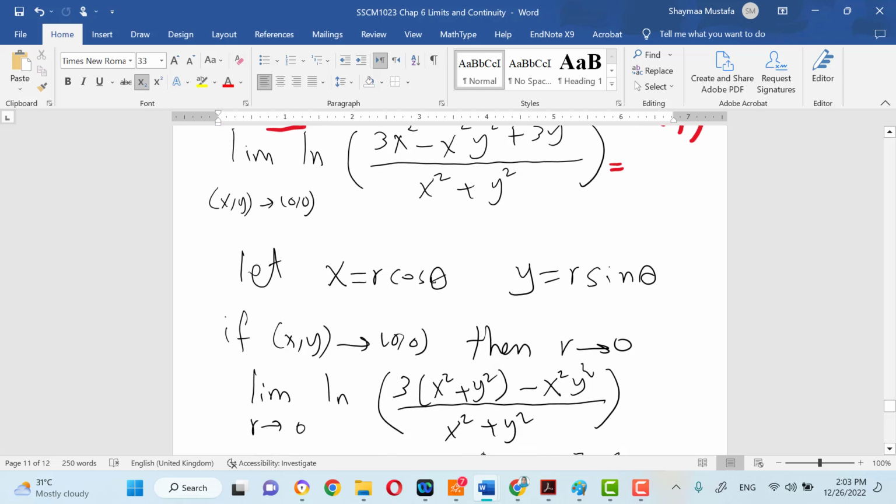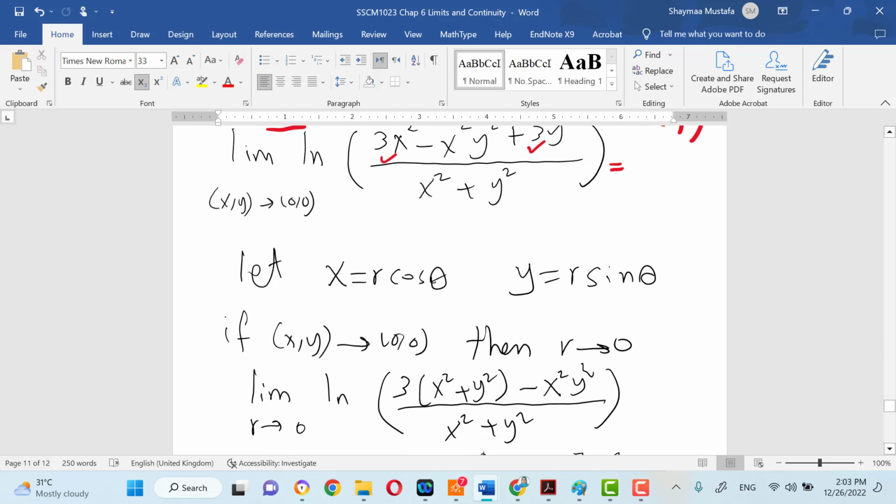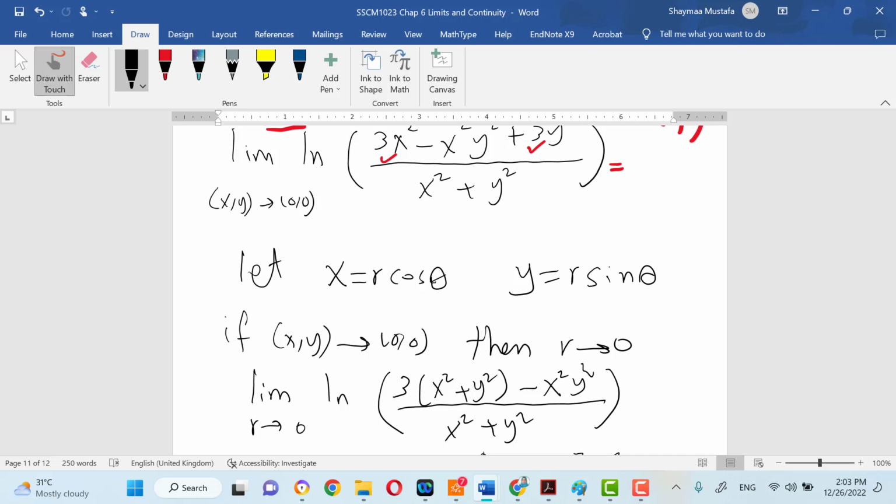So the limit will be as r goes to 0 of ln. Now this 3x² plus 3y² is 3(x² + y²), minus x²y², all over x² plus y².